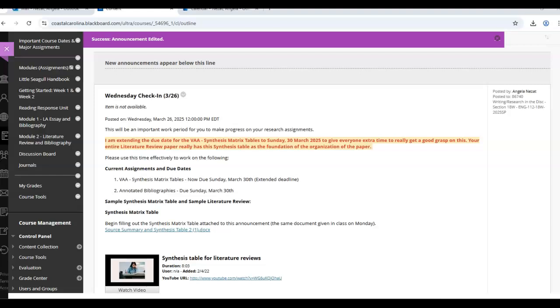And that will give you extra time to work on thinking about your research that you read and how those 5 articles relate to one another in terms of your overarching research question.